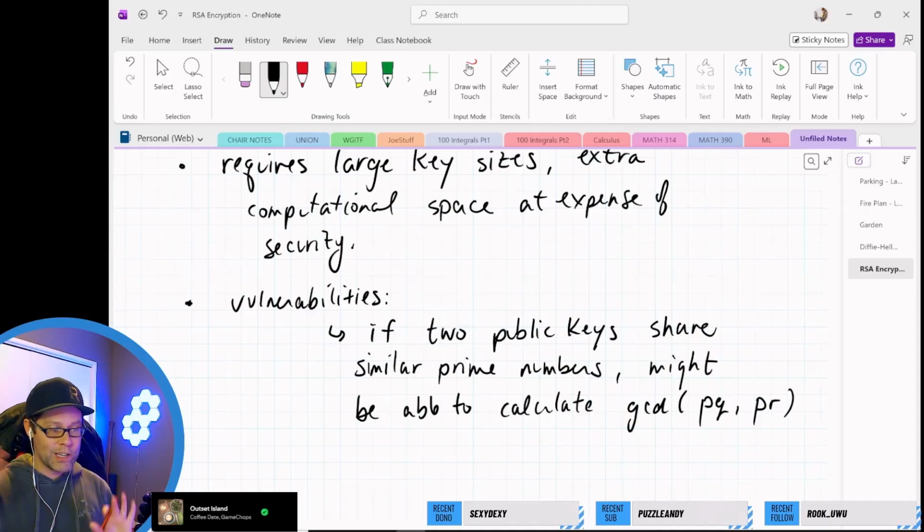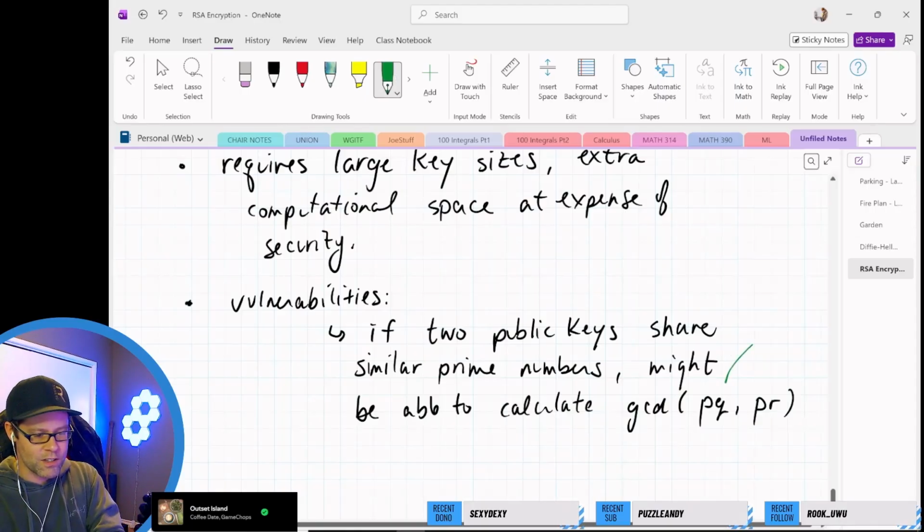So those are the two different public keys. Maybe I'll just write them in green here. So this is kind of like N1, and this would be N2.